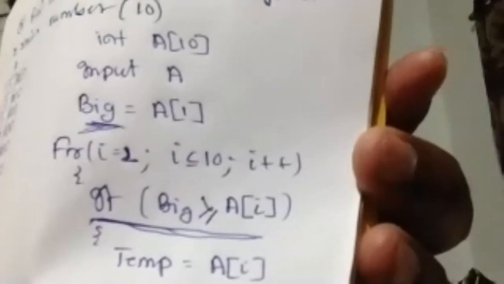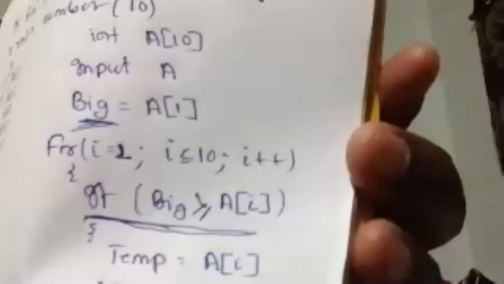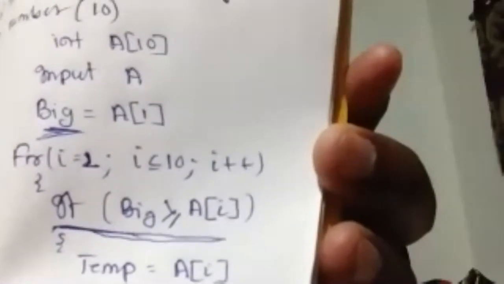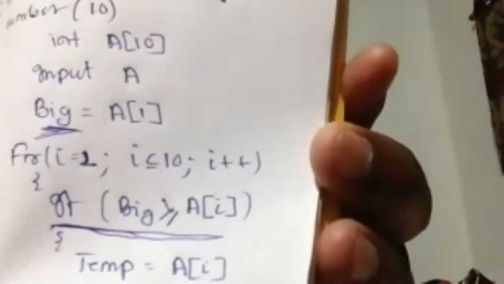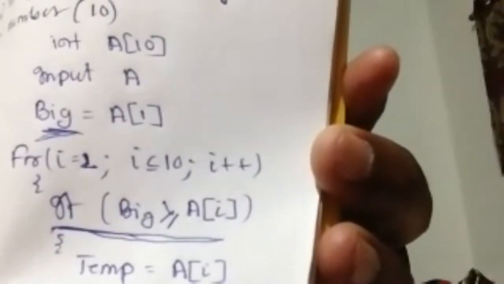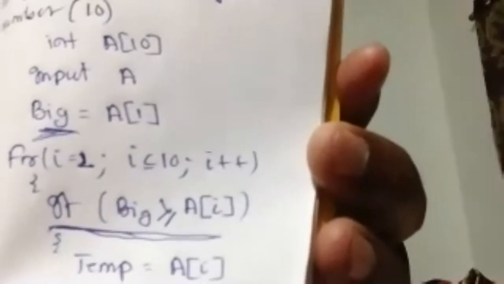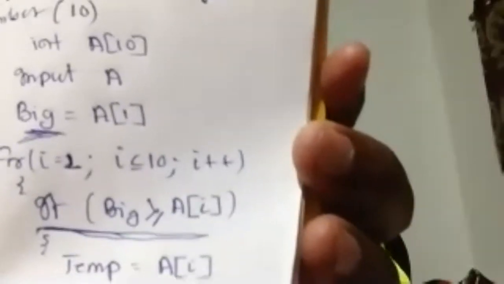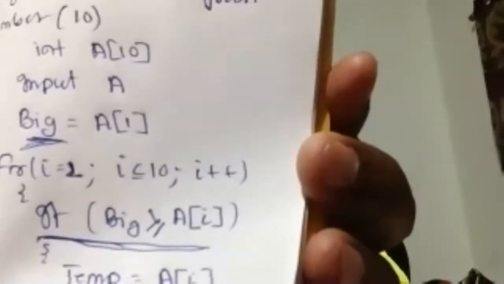From the for loop, the initial value of I is 2. And big is equal to what? 1. Big is assigned A1. A1 means the first value, and big is greater than or equal to AI. AI means I equal to 2. So big equals A1, and AI means A2.